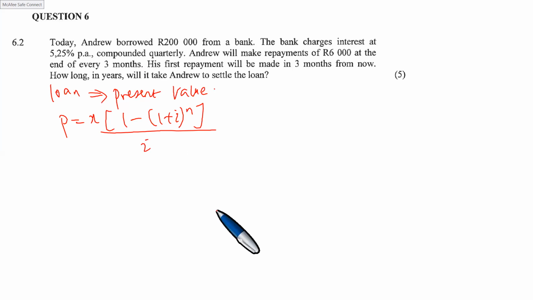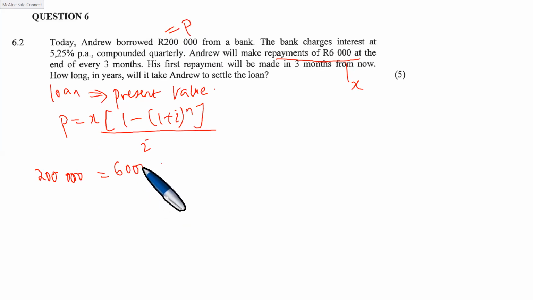Okay, Andrew borrowed how much money? Now, Andrew borrowed exactly 200,000. So you can start quickly and say, okay, there's 200,000 that Andrew actually borrowed. We have the repayments, which are called X, right? So this 200,000 is the present value.